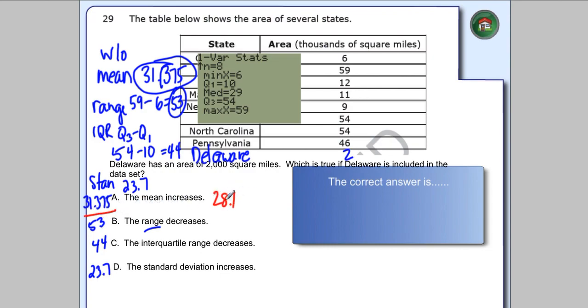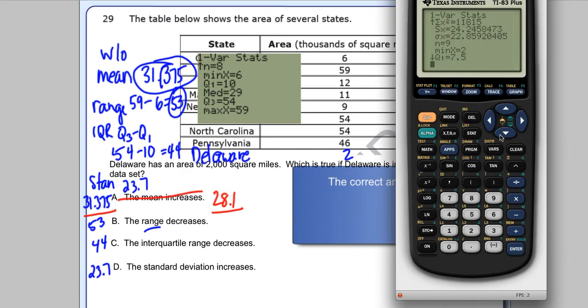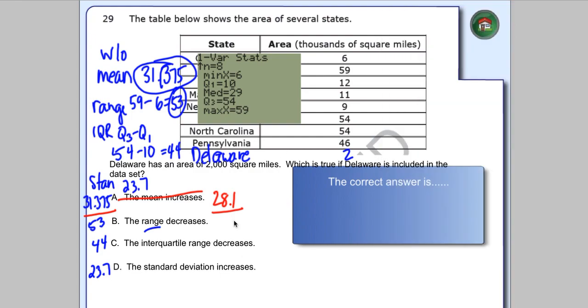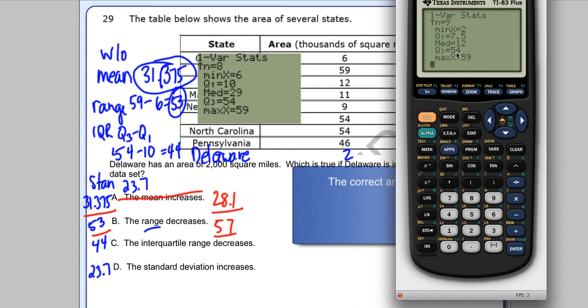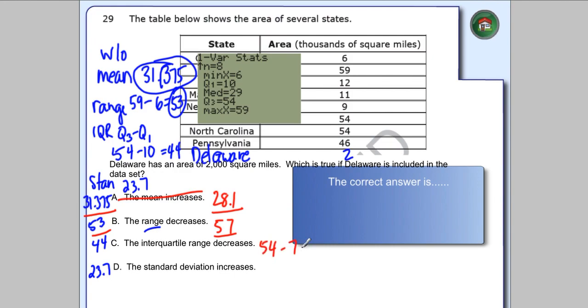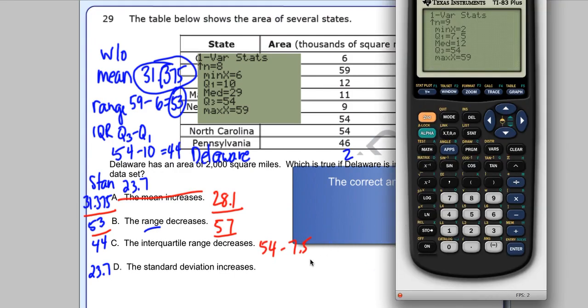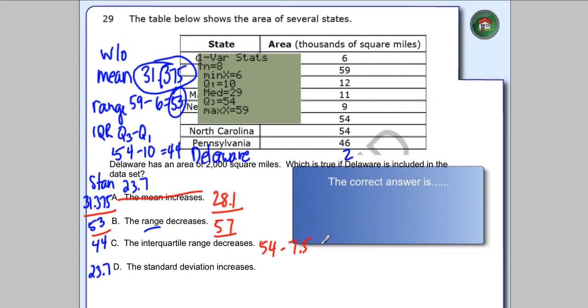So 31.375 to 28.1, it did not increase. The range is going to be the max minus the min. So that's 59 minus 2, which is 57. And just as we predicted, 53 to 57 did not decrease. The IQR is Q3 minus Q1, so 54 minus 7.5 would be 46.5.